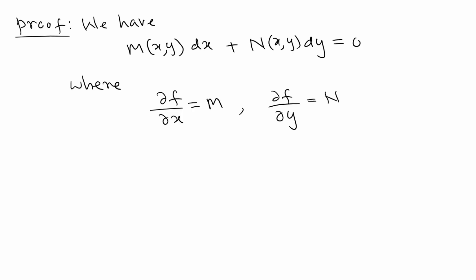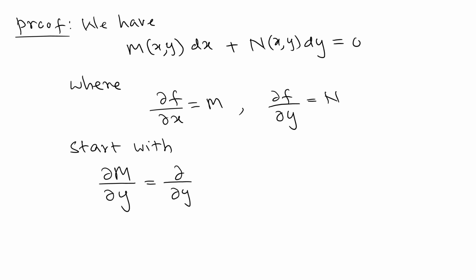We have this M(x,y) dx plus N(x,y) dy, and the first partial derivative of f equals M, the second partial derivative equals N. We can start with the first side: ∂M/∂y. You can replace M according to this condition, so you can write this as ∂/∂y of ∂f/∂x.